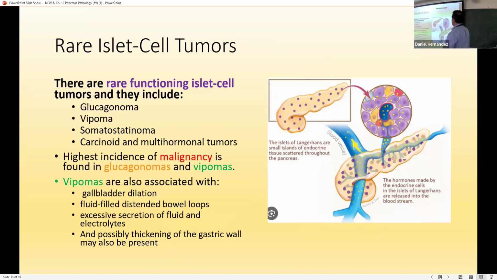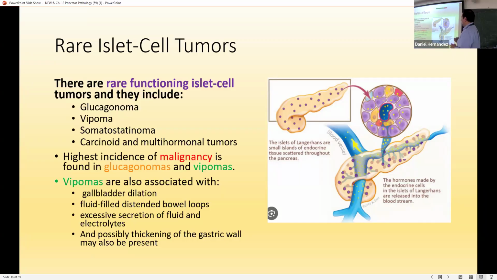And rare islet cell tumors, some additional ones include glucagonoma, lipoma, somatostatinoma, carcinoid, and multi-hormonal tumors. So with these, like I said, non-functioning endocrine tumors have a high incidence of being malignant.